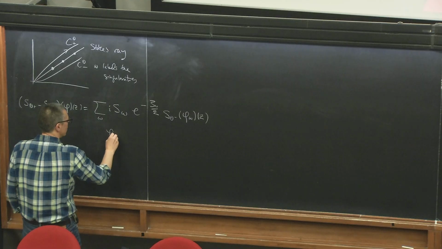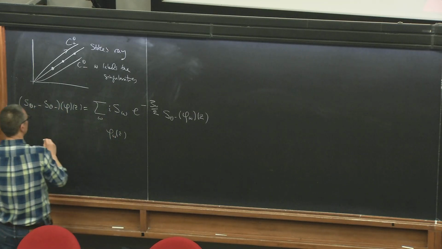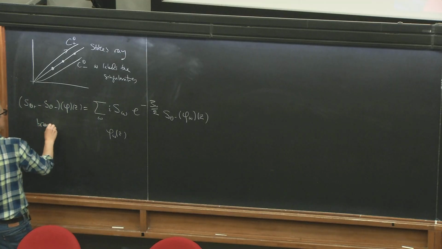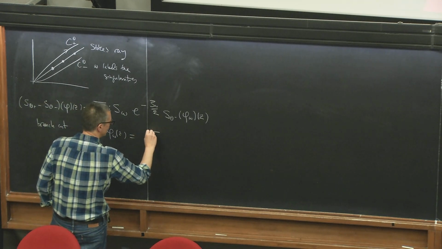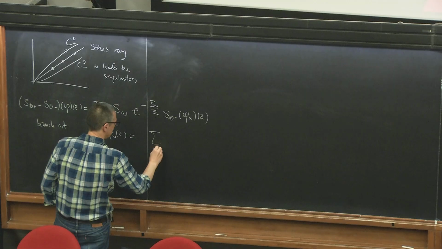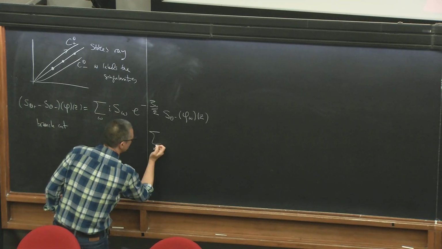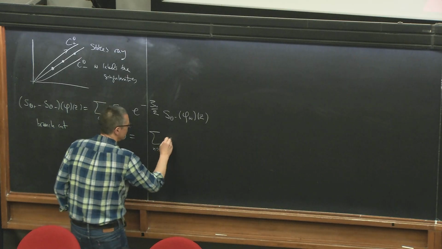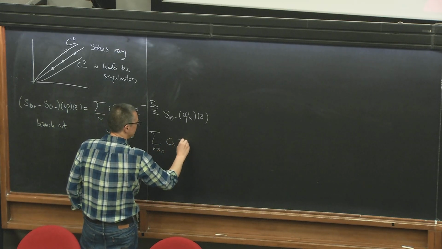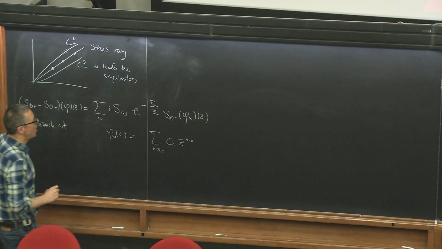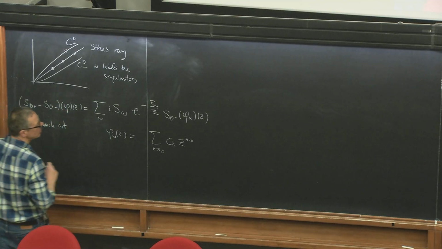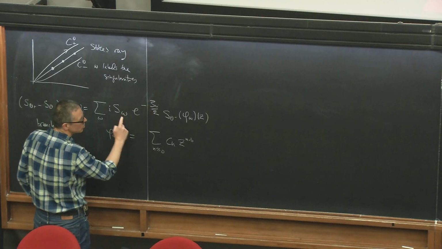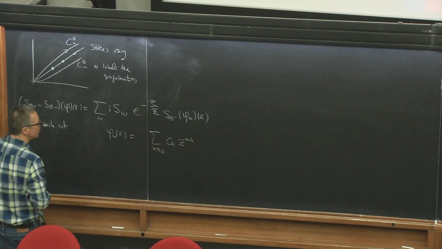Remember that phi omega of z, for a generic branch cut singularity, has the form of a sum over n greater than or equal to 0 of c_n times z to the n minus b. So this was one way of finding the information of the singularity. Here we have the location of the singularity, the Stokes constants, and the full series.